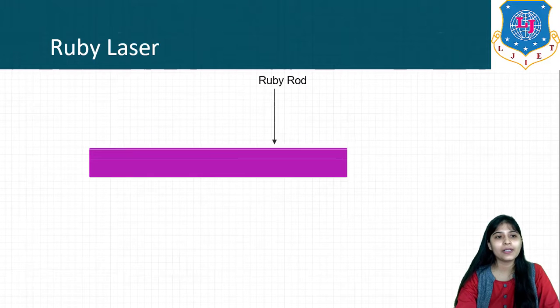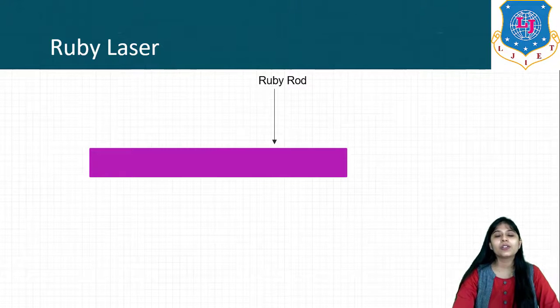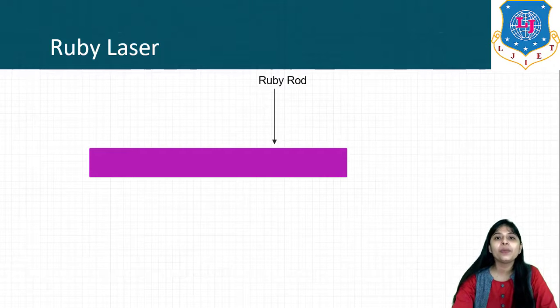Now let us start with the ruby laser. Here we are discussing the ruby laser. First of all, a ruby rod is taken, which is basically made of aluminium oxide, in which some aluminium atoms are replaced by chromium atoms.